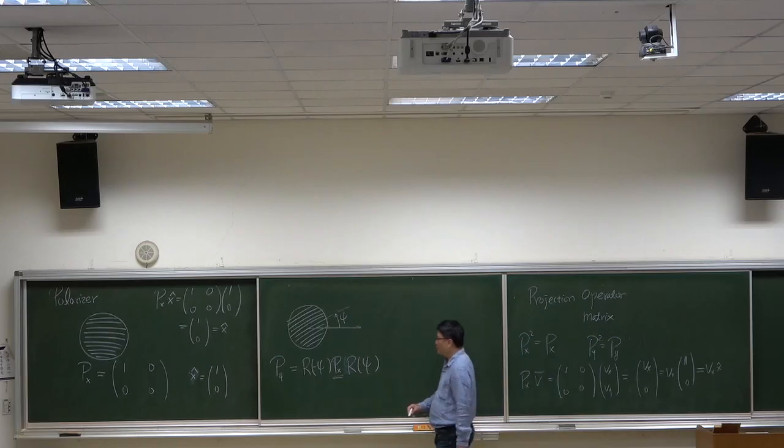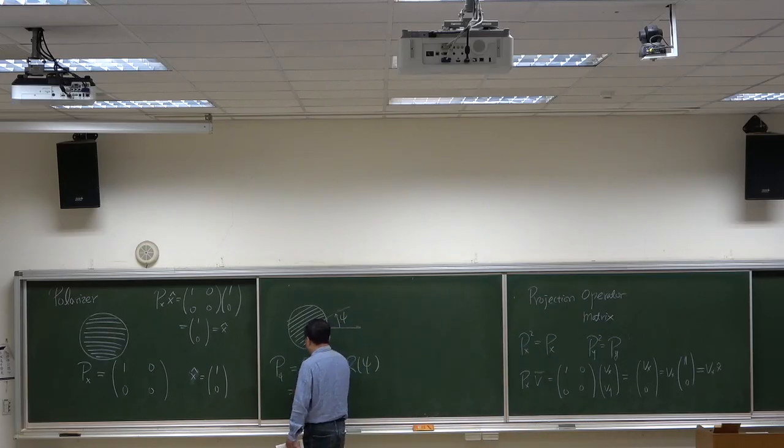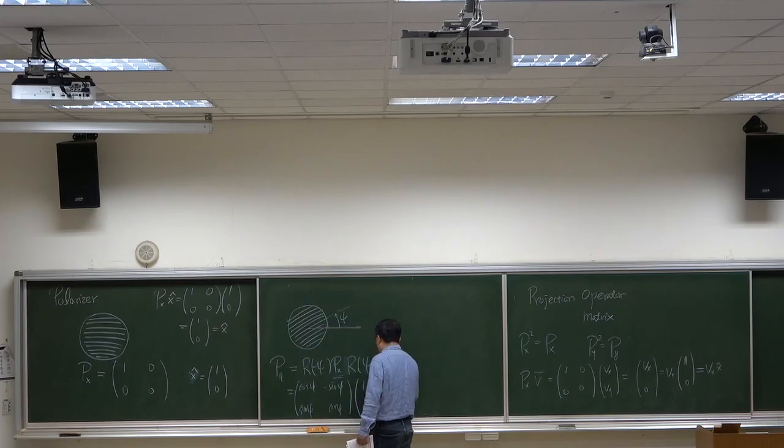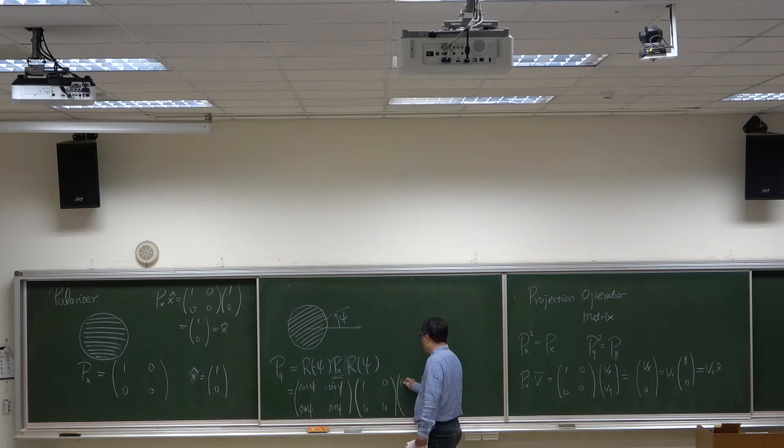Okay, so this is equal to cosine psi, minus sine psi, sine psi, cosine psi, times 1, 0, 0, 0, times cosine psi, sine psi, minus sine psi, cosine psi.